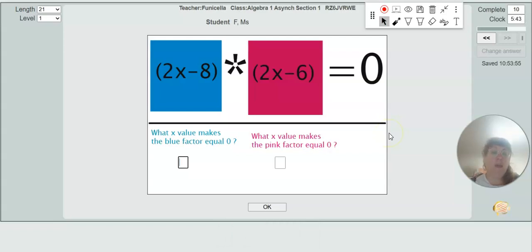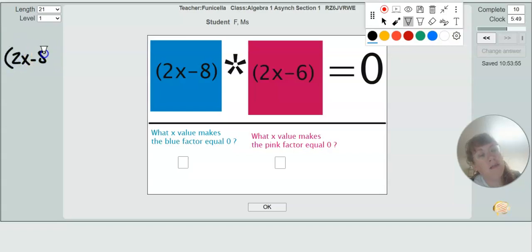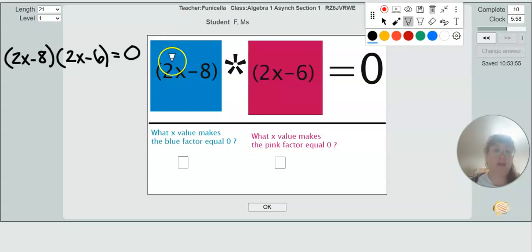For this next one, we have (2x minus 8) times (2x minus 6). And we're trying to figure out what x values will make that equal to 0. So we can start with the first one, the blue factor, 2x minus 8.